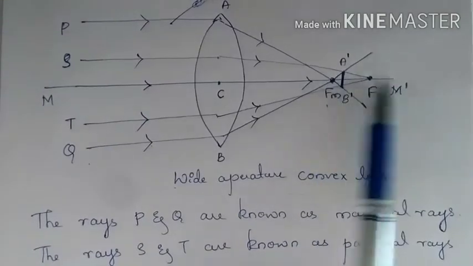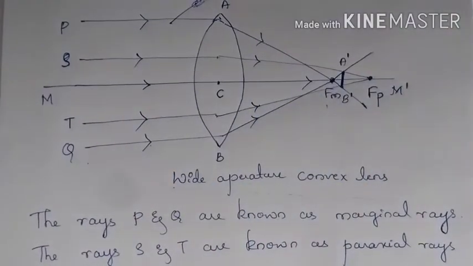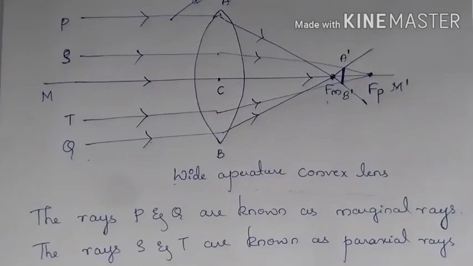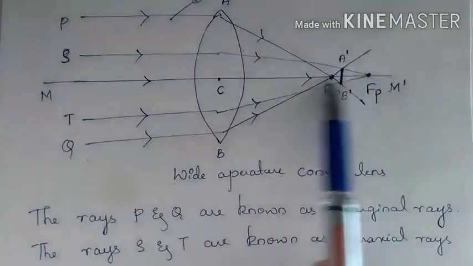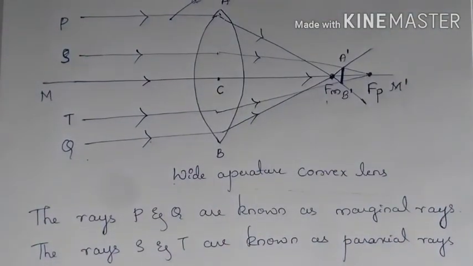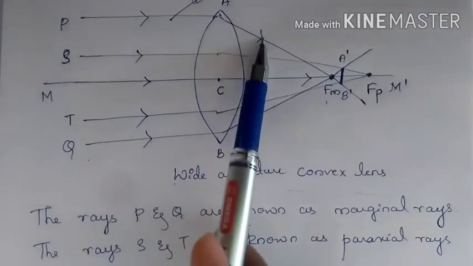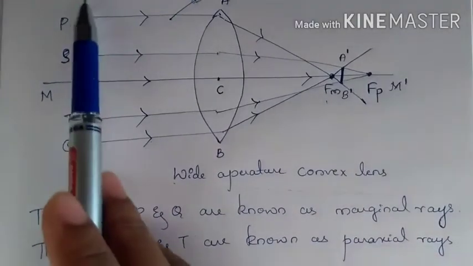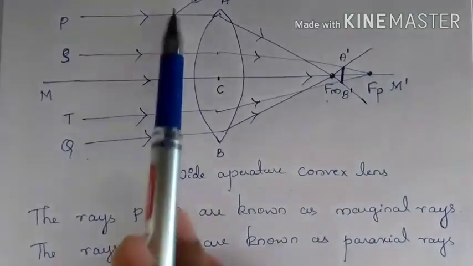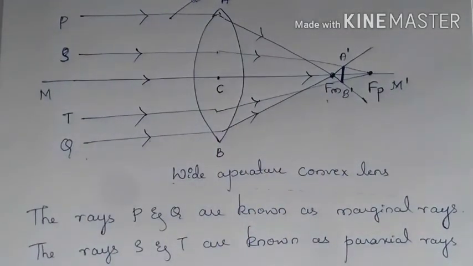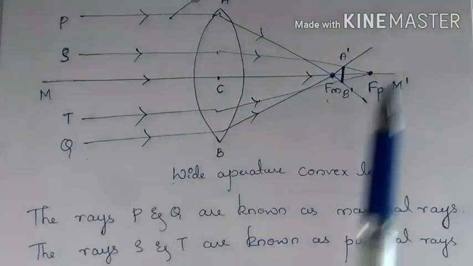Due to the variation in the convergence of the light rays, the image formed will not be sharp. So there will be no sharp image formed at any point on the axis, due to the convergence of these rays P, S, T, Q. Since these rays meet at different points, no sharp image is formed on the axis.